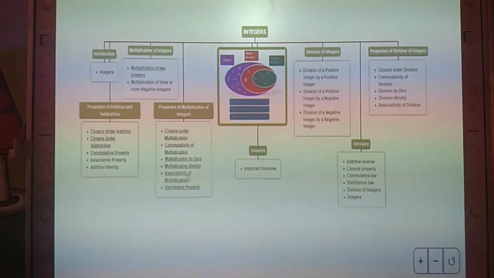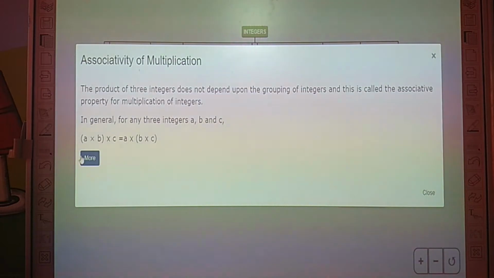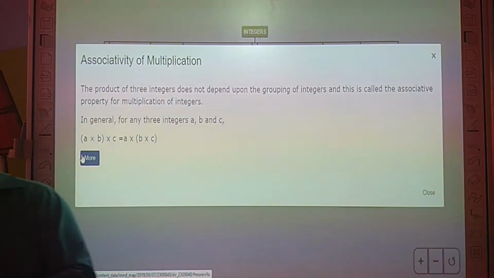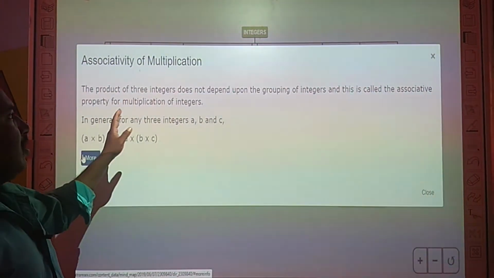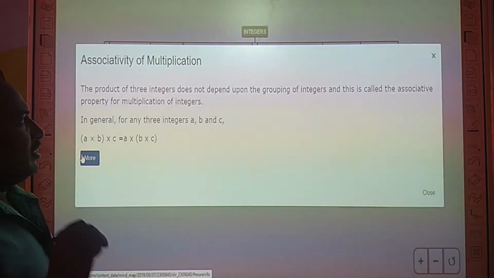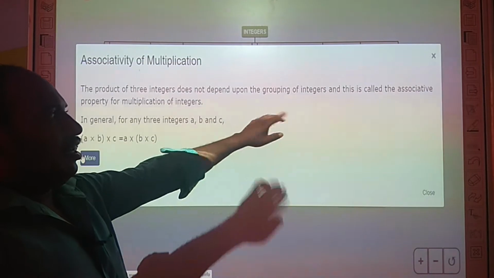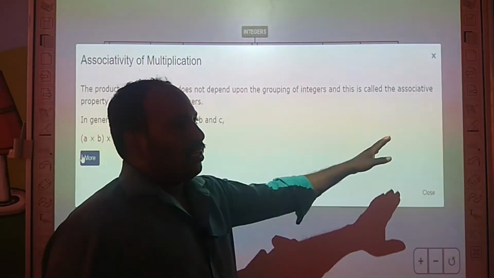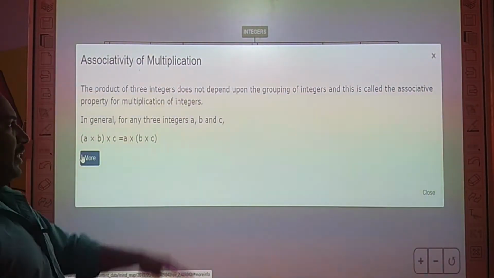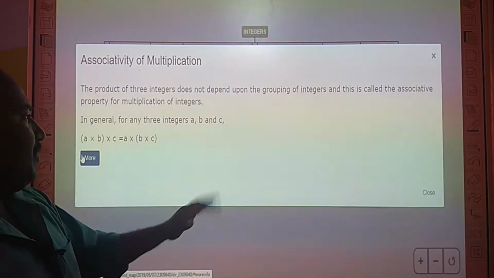The next one, associative property. Associative property of multiplication: the product of three integers does not depend upon the grouping of integers, and this is called the associative property for multiplication of integers.